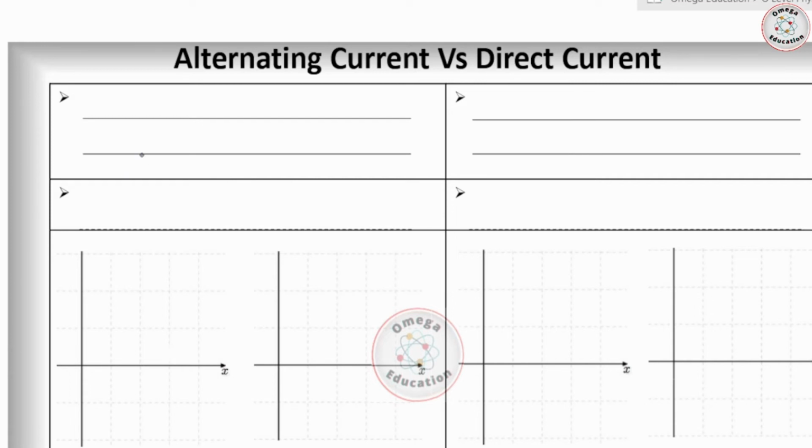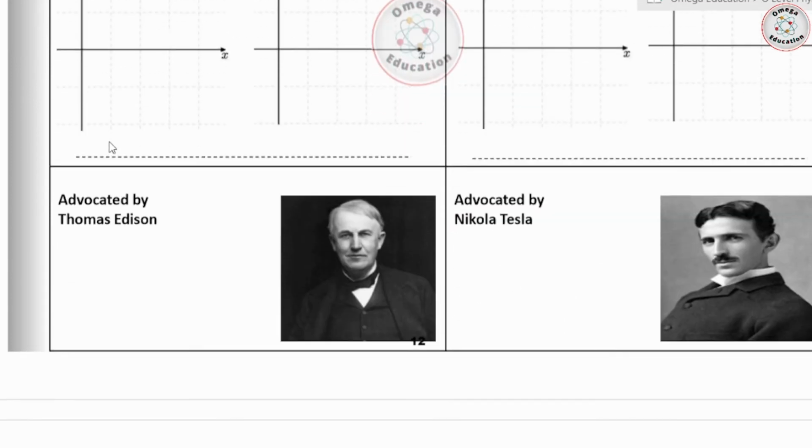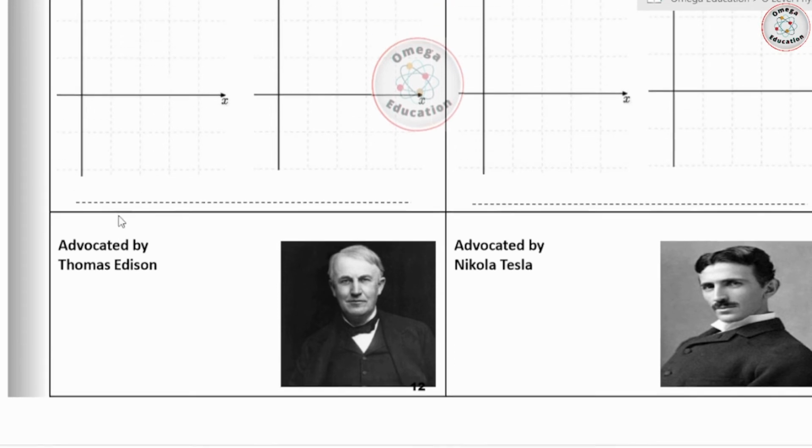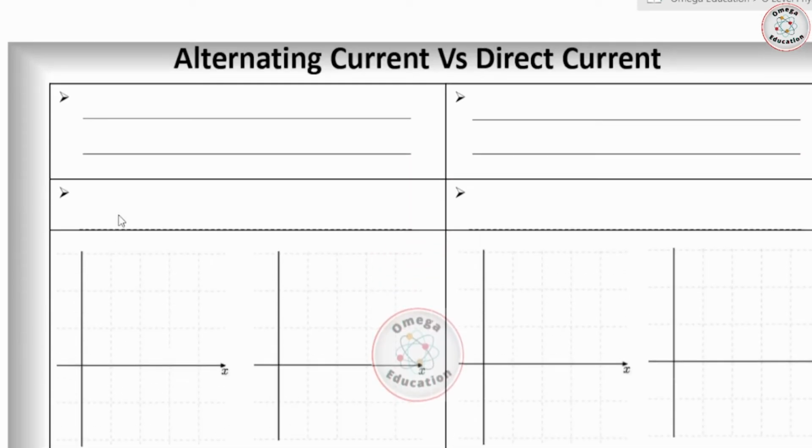Edison on the left side. So on the left side, I'm going to write about the direct current, DC current. All right. So the left side would be representing DC, and the right side would be representing AC.